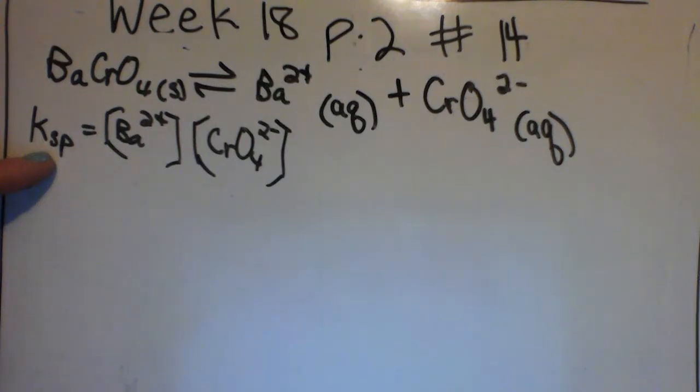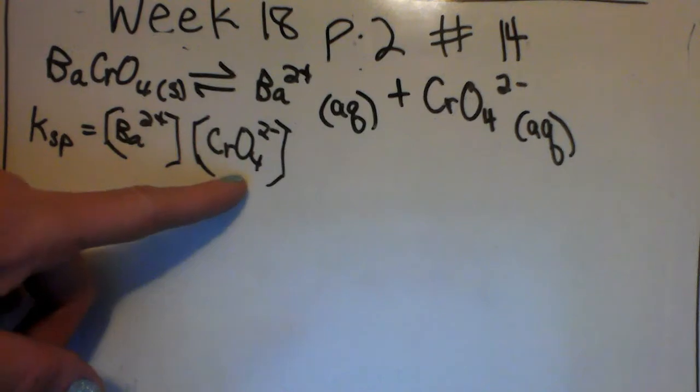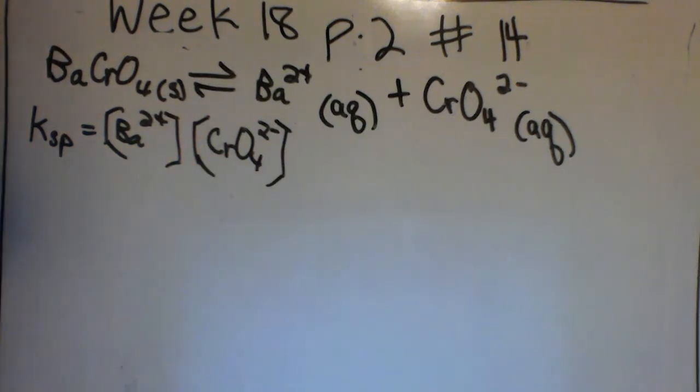So we can solve for the concentration of each of these ions, and then figure out the number of moles of one of those ions.